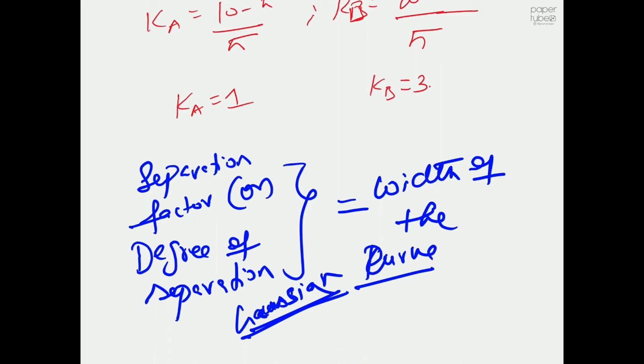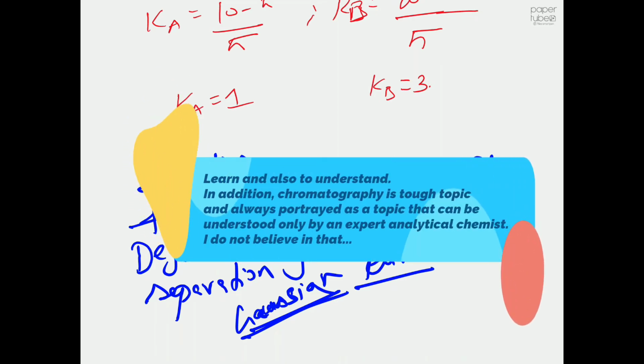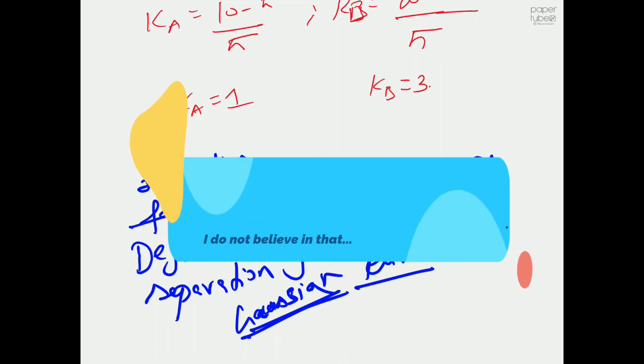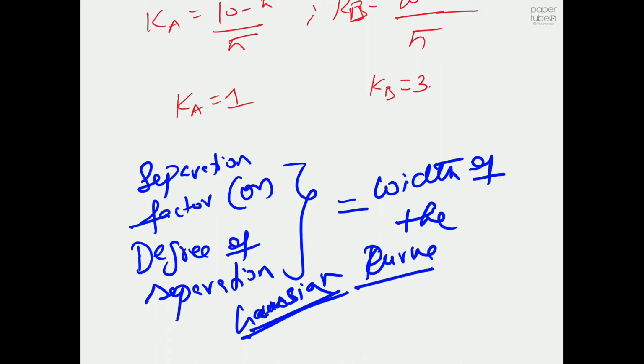This is not me forcing you to listen to the lectures. The purpose of education is to learn something. I have worked with this technique for 10 to 15 years, so I know it's not an easy technique. I could talk about everything based on textbook knowledge, but since we work with this technique every day in the lab, we know the practical difficulties when it comes to interpretation of data.